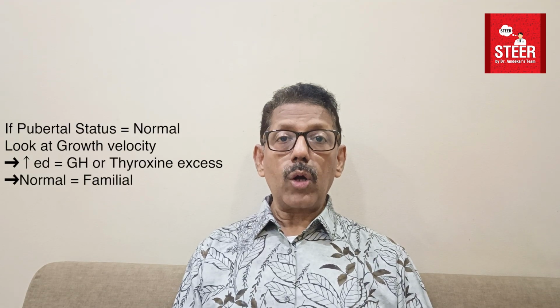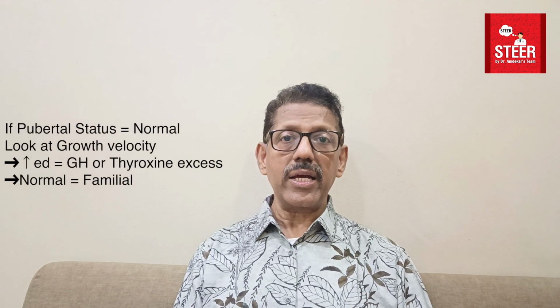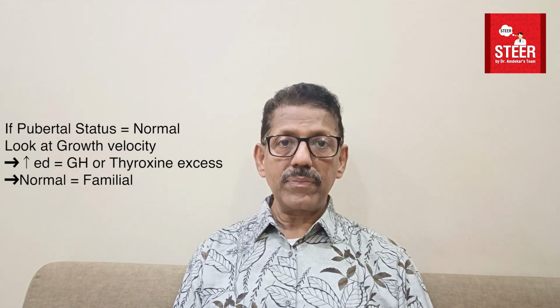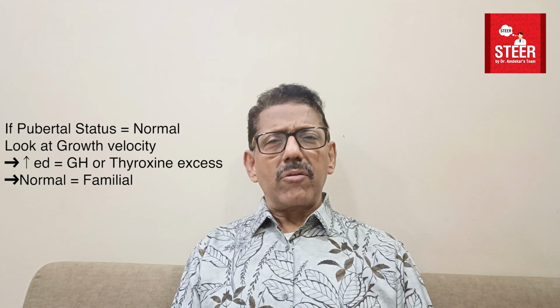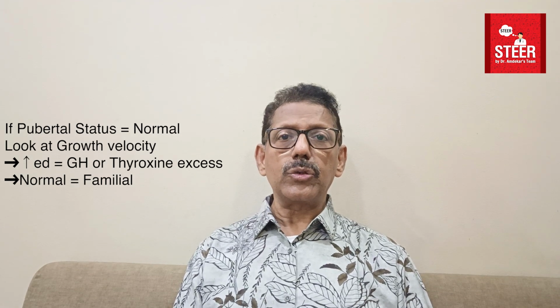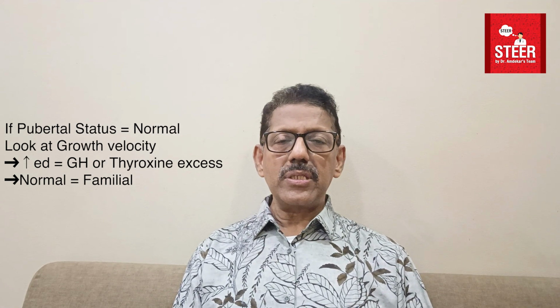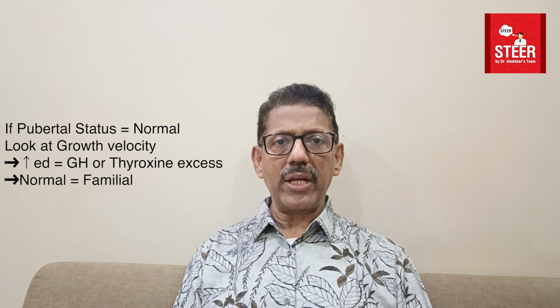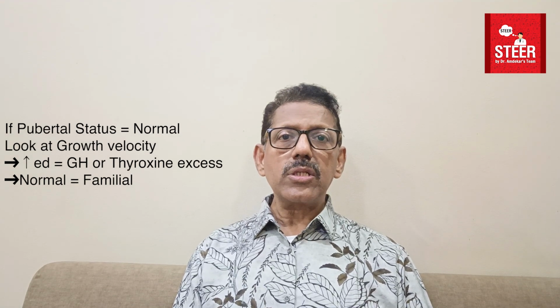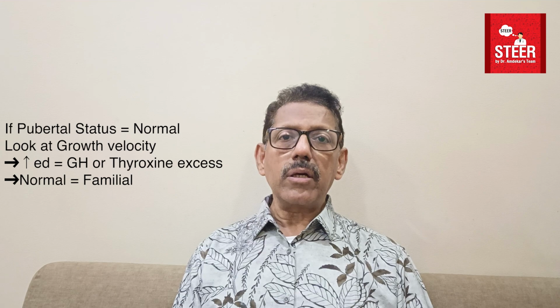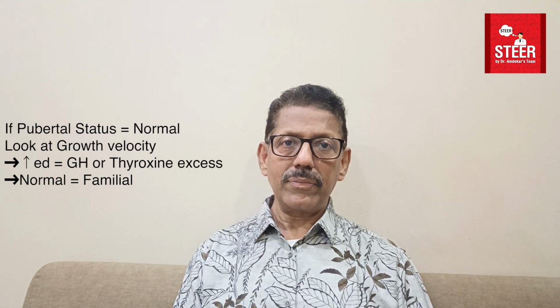If the growth velocity is high, you know it could be growth hormone IGF axis working in excess, a thyroxine in excess, and very few cases of constitutional advancement of growth and obesity, wherein they usually hit only their genetic potential. And if the growth velocity is bang normal, again you think in terms of familial tall stature. But you could also have it in aromatase and estrogen receptor aberrations. So that's the way we go through an algorithm.